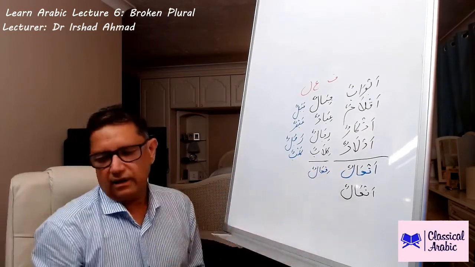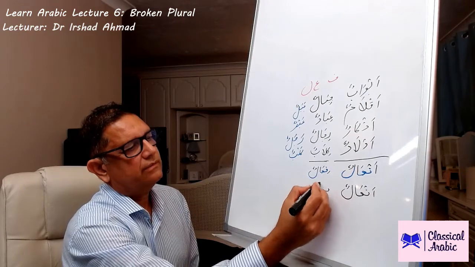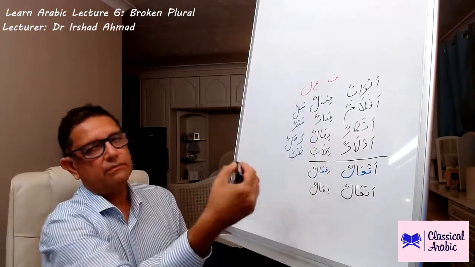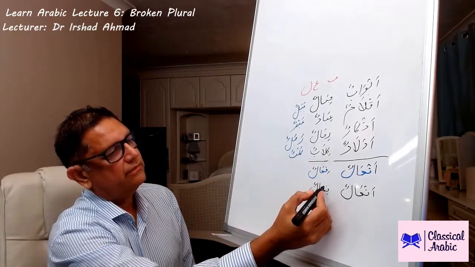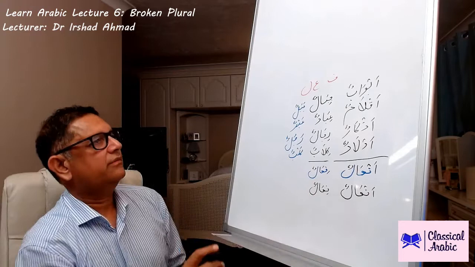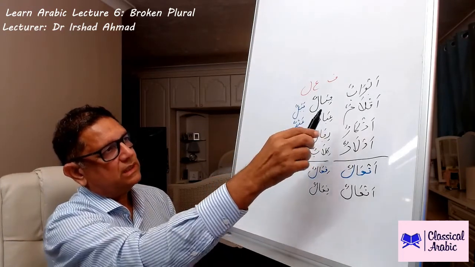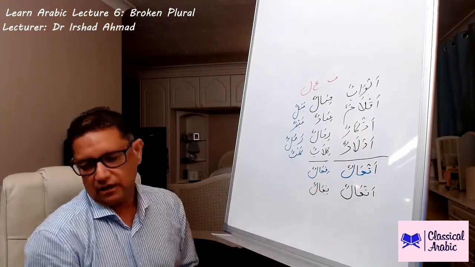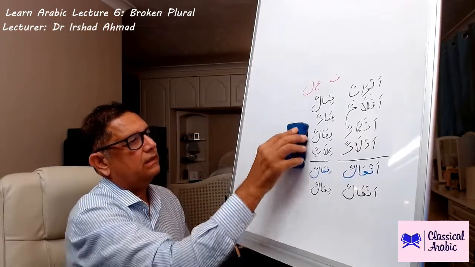So this is fi'alun. All these words and many others fall in this category, in this pattern of fi'alun. So two versions of jama mukassar, one is af'alun and the other one is fi'alun, and you can have a look at another one.